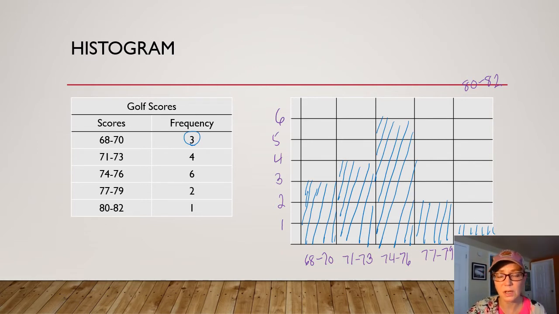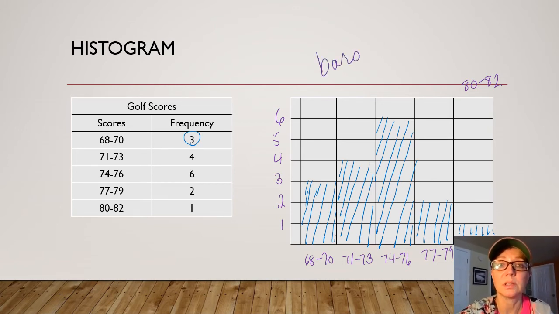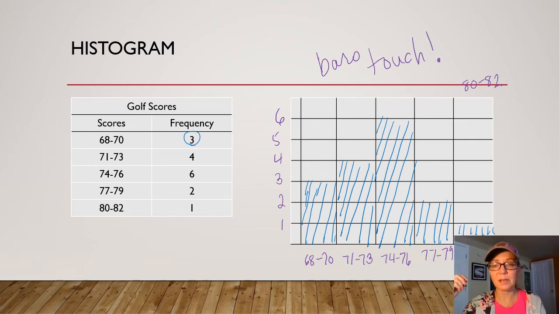I want you to notice, unlike a bar graph, in a histogram the bars touch. Bars touch, exclamation point. Okay, because 70 butts right up against 71, so there's no space between the bars.